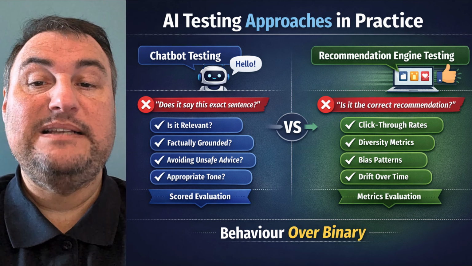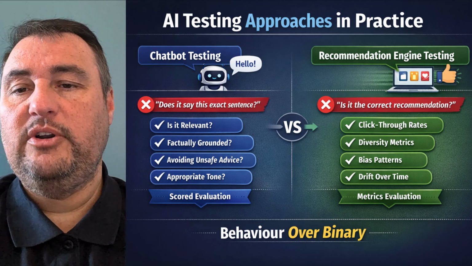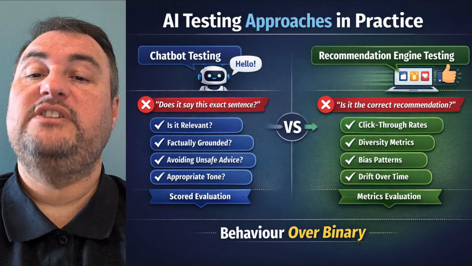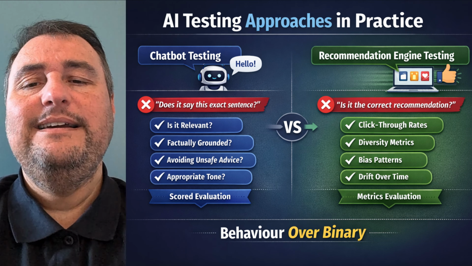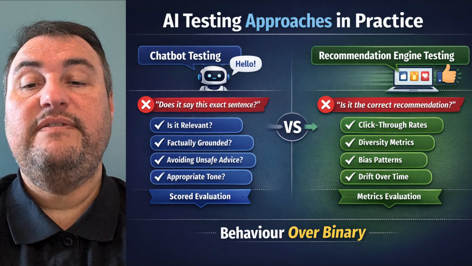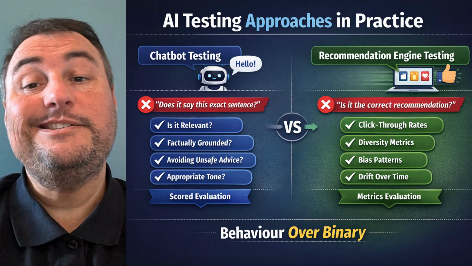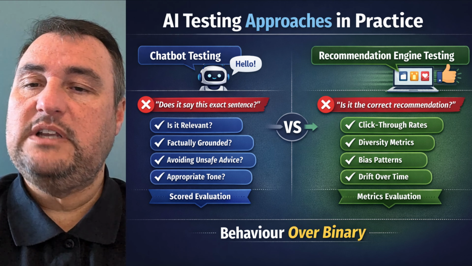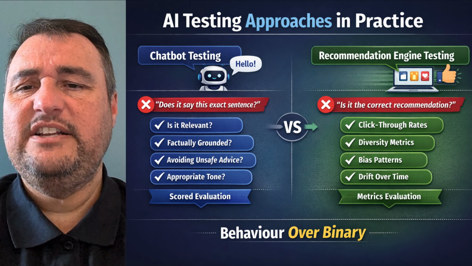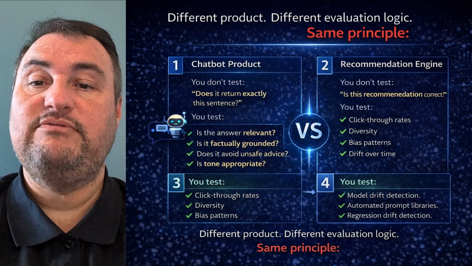So here's a practical example. Let's take a chatbot product. You don't just test, does it return exactly this sentence? You test, is the answer relevant? Is it factually grounded? Does it avoid unsafe advice? Is tone appropriate? You score those dimensions. Now take a recommendation engine. You don't just test, is this the correct recommendation?